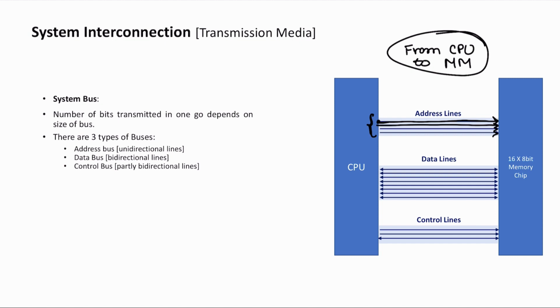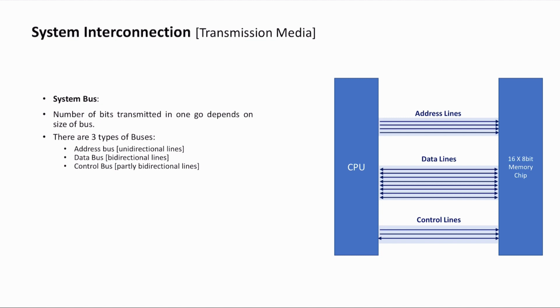To specify that cell, it sends the address of that cell through the address line. There is no need for main memory to send any address to CPU, and that is why the address bus always has unidirectional lines, in one direction, from CPU to main memory.